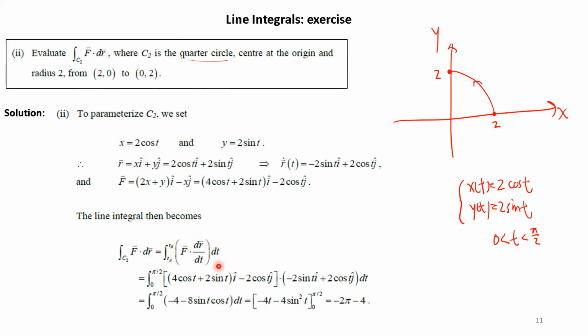Express everything in terms of t, and then do the integral over t. The t limit is always given by your time interval here, 0 to pi over 2.